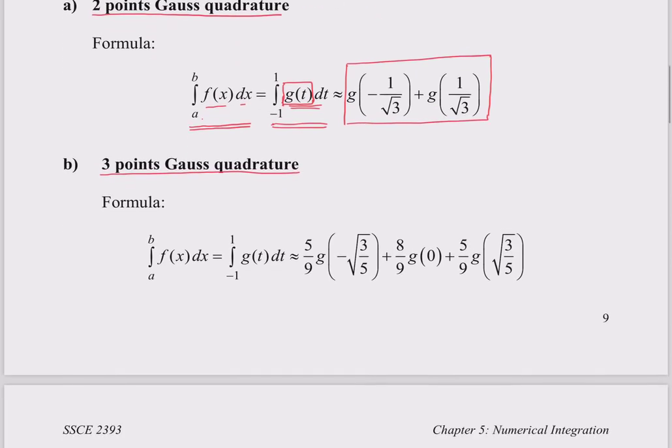It is the same if we use 3-point Gauss quadrature; this is the formula that we will have. We need to use this formula to evaluate this definite integral from a to b.